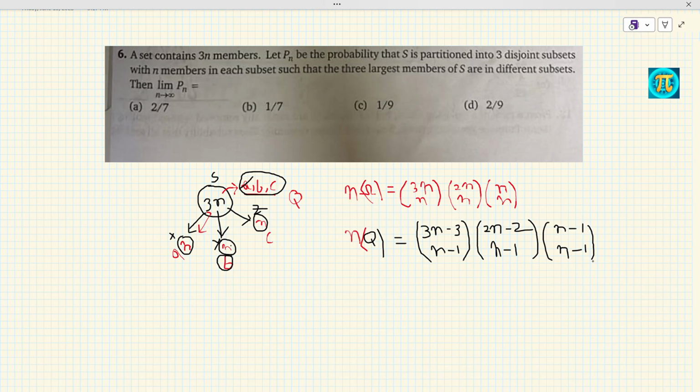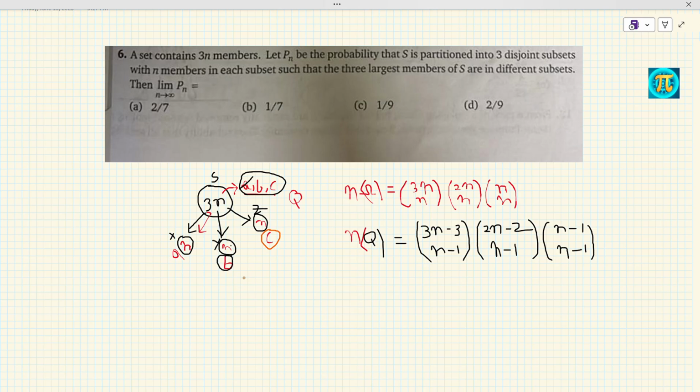But now we are going to add another thing. Now we have to find the number of ways in which A, B and C can be arranged.